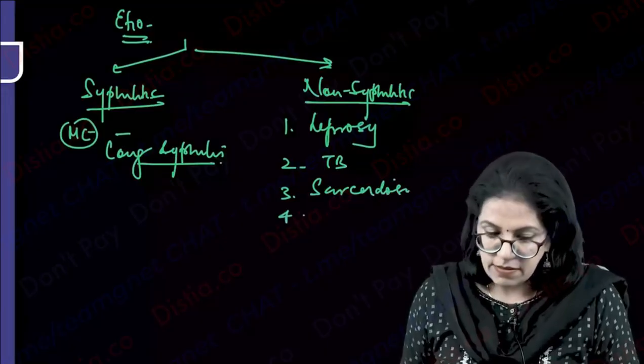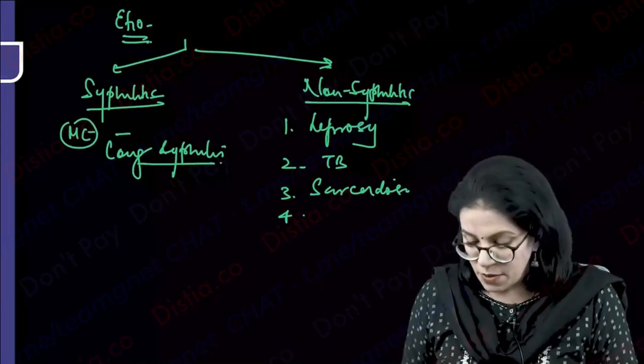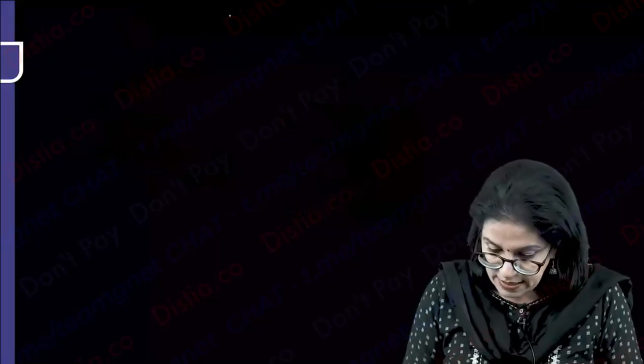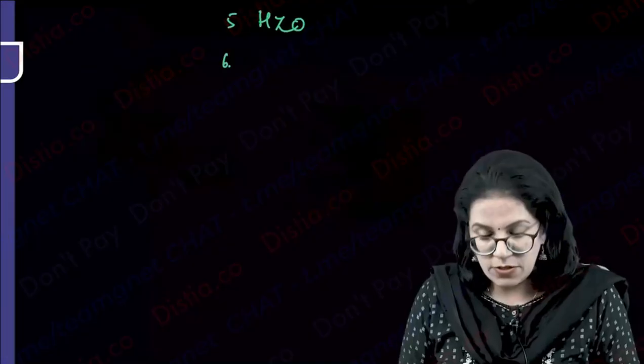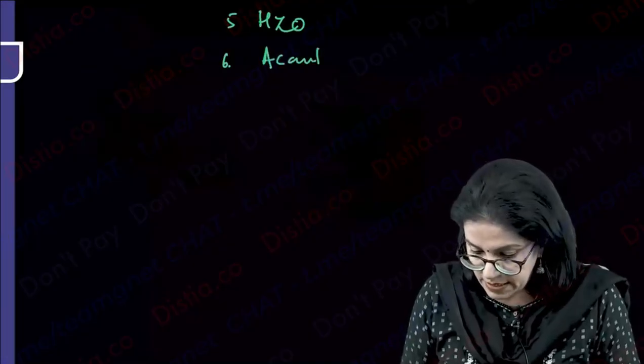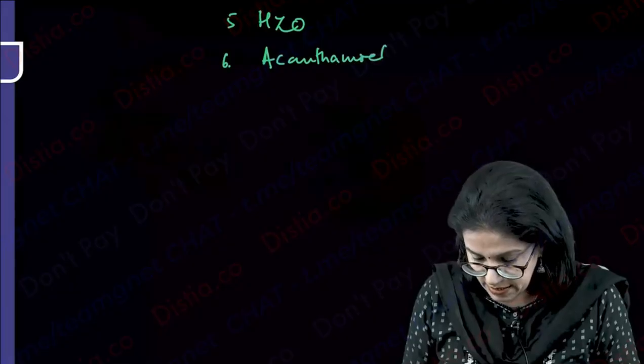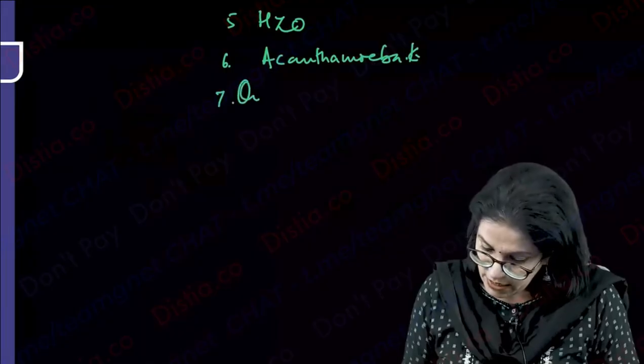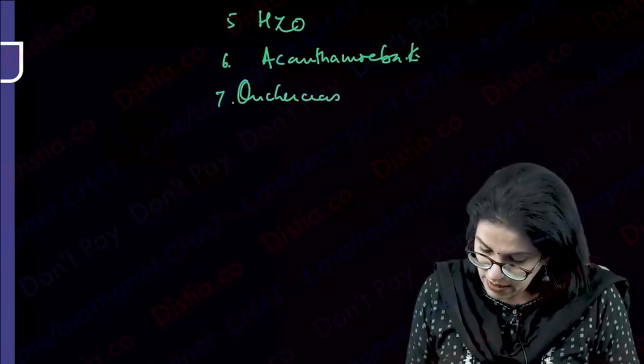Then we have just learnt about herpetic eye disease, that both HSV as well as HZO can cause this. Then we have also talked about acanthamoeba, which may present as interstitial keratitis. If not, learn here. Then onchocerciasis is another cause.